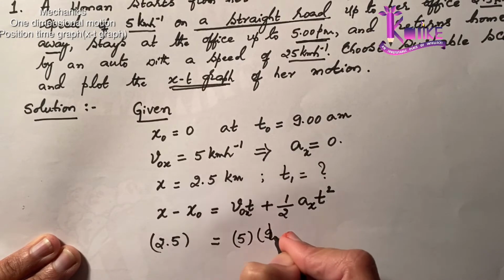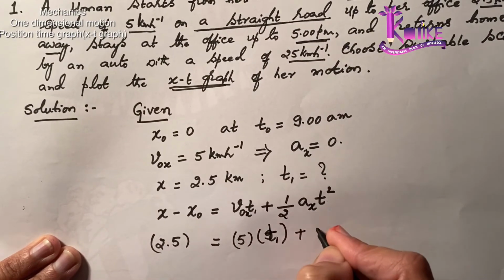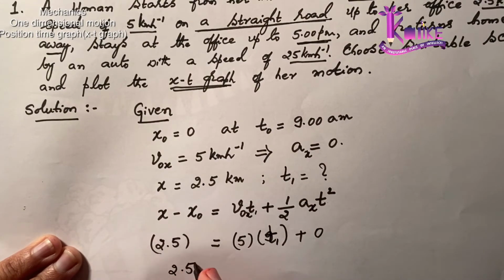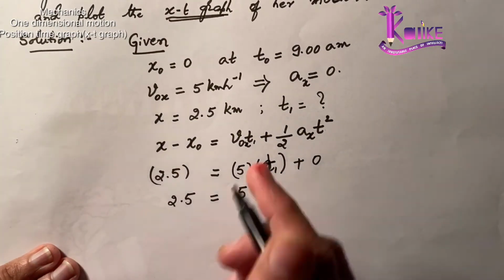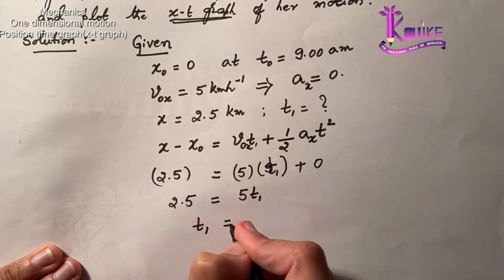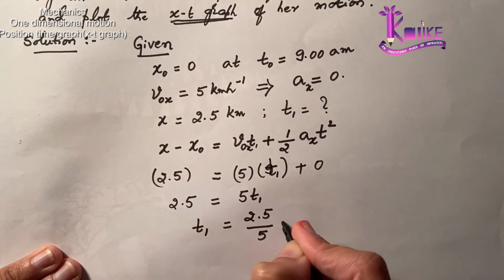We do not know the time, that is t1, and ax is 0, so the entire second term becomes 0. Now, 2.5 is equal to 5 t1. So, how much is t1? Very obviously, this is equal to 2.5 divided by 5.